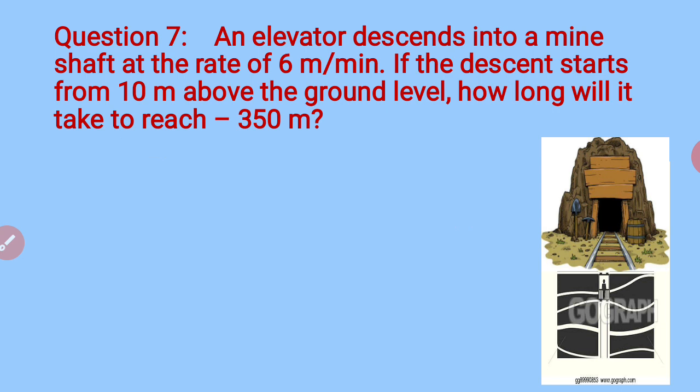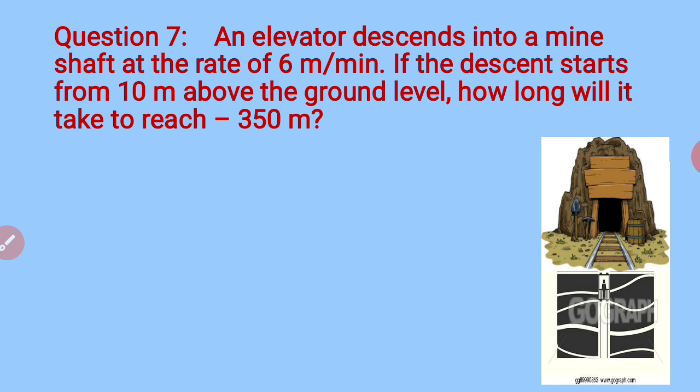So the people over there go down with the help of either lift or ropeways. Here there is a lift which is going down at the rate of 6 meters per minute. That means in 1 minute the lift goes down by 6 meters. So in 2 minutes the lift will go down by 12 meters. It will continue this way.